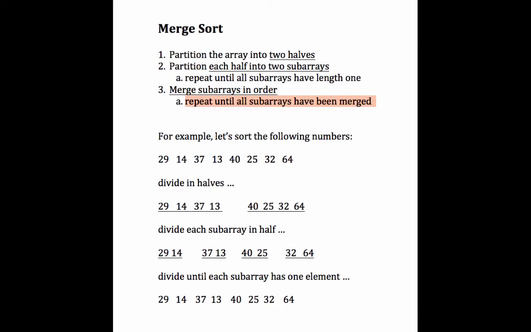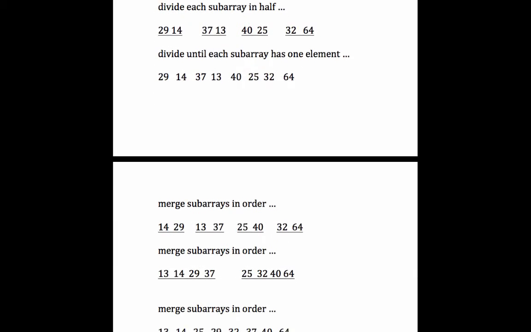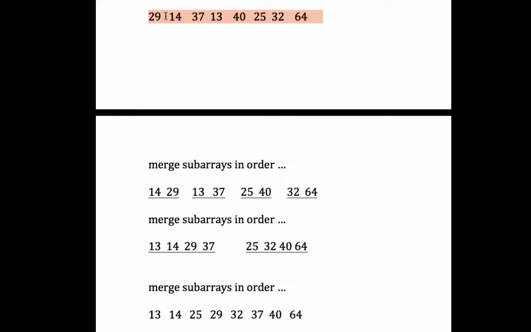Let's go through that. My first step in my process, remember we are here, I have 8 small arrays, so I'm going to merge the first 2 into an array of length 2. And when I merge these 2 values, I'm going to merge them in order. So the result is a subarray that has 2 values, 14 and 29, which happens to be in order.